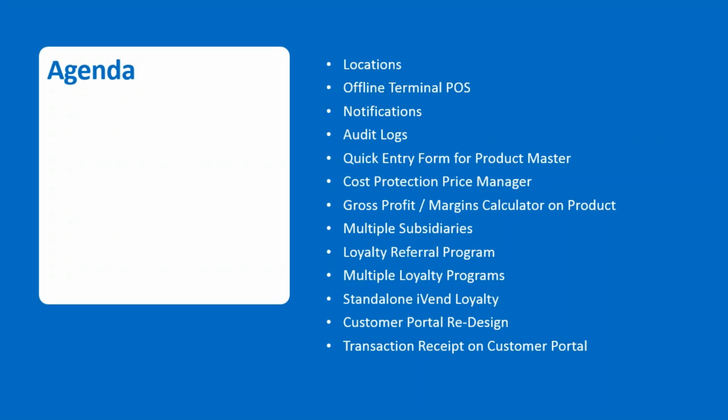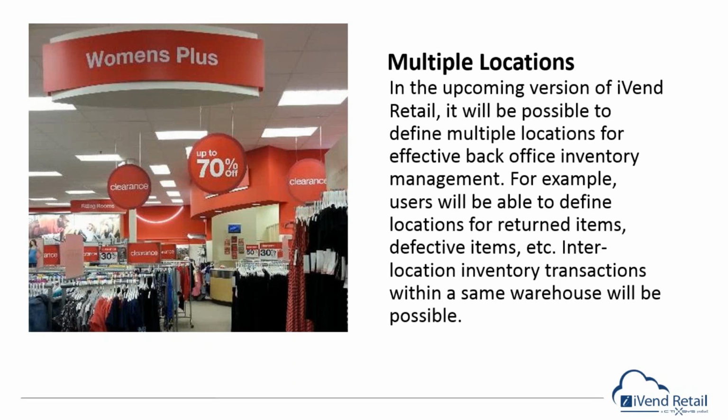So starting with the locations, I would like to talk about what exactly the location means and how it affects the business process for a specific retailer. Multiple locations is possible to define on the inventory management side.